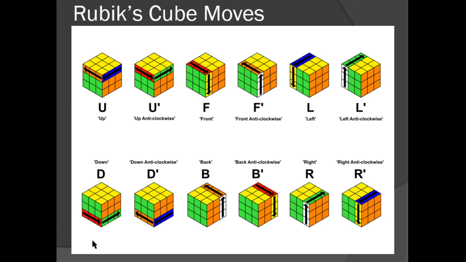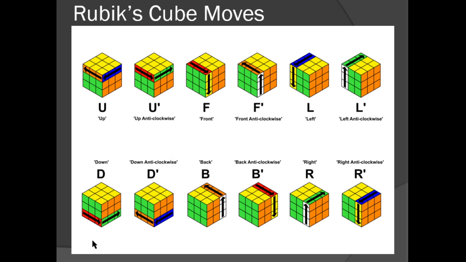Remember that if you see an apostrophe after a letter, that means you need to rotate that counterclockwise or anti-clockwise. But if you see a move like R2 or U2, that means you need to rotate that 2 times with 90 degrees.